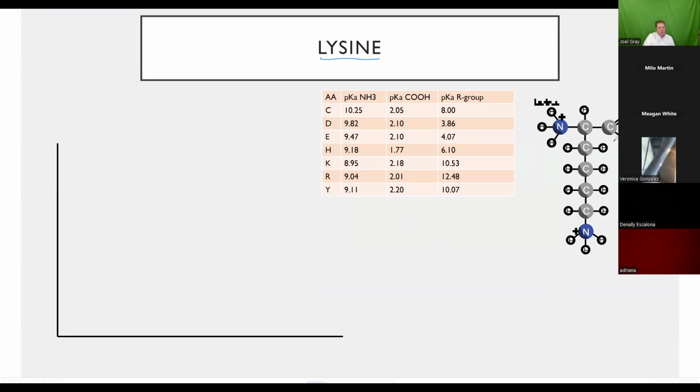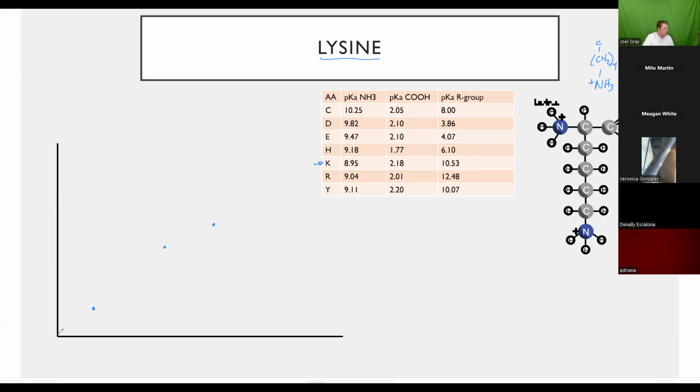Now, lysine, the way that some people like to draw lysine is they like to draw it as their alpha carbon and then CH2, and then they put 4 and then NH3 plus. Okay. Now, what I'm going to do is I'm going to take lysine, single letter code K, and I'm going to map out my pKa values. I've got 2.18, 8.95, and then 10.53. All right.